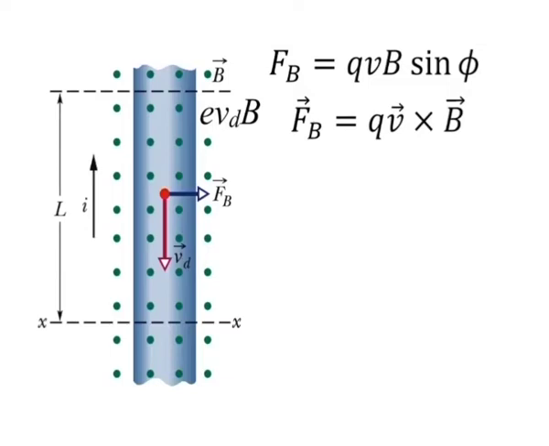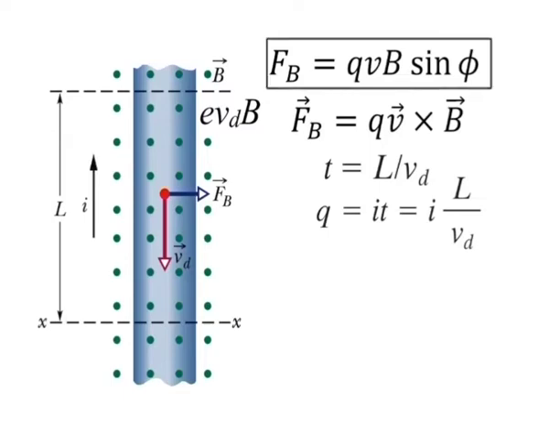Consider a length L of the wire in the figure. All the conduction electrons in this section of the wire will drift past plane XX in a time t = L/vd. Thus, in that time, a charge given by q = it = iL/vd will pass through that plane.